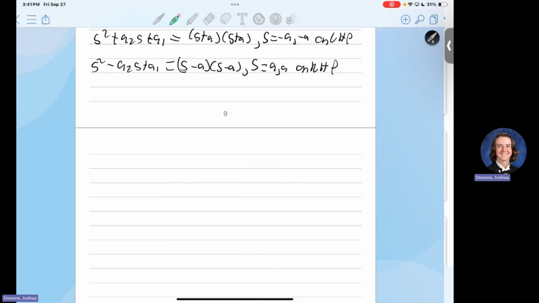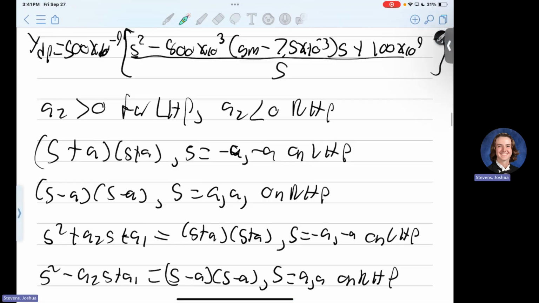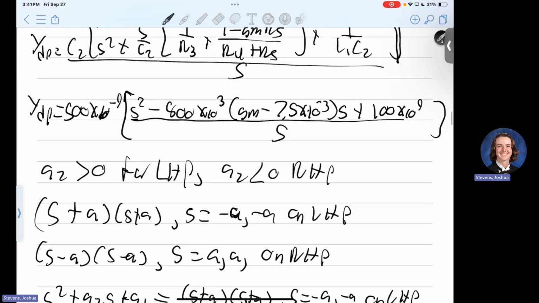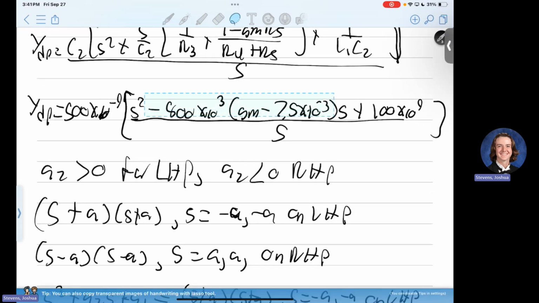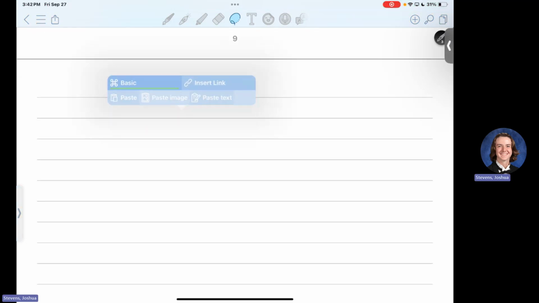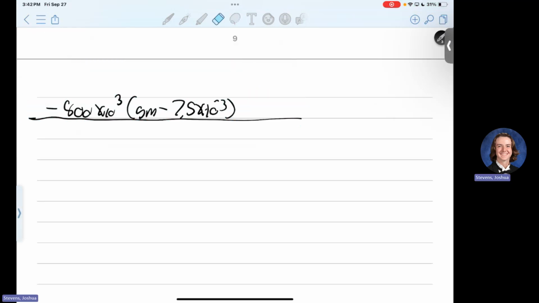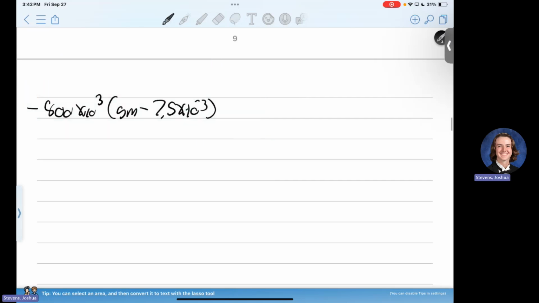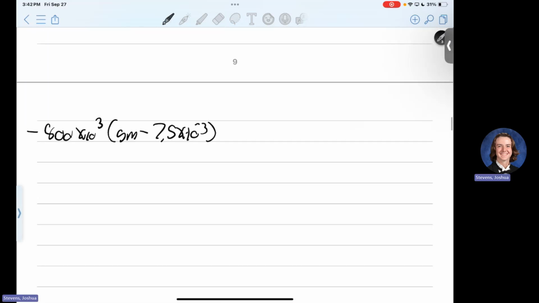Okay, so for a2, which would be this whole thing, remember you include the negative. This has to be greater than 0 for the left half plane.